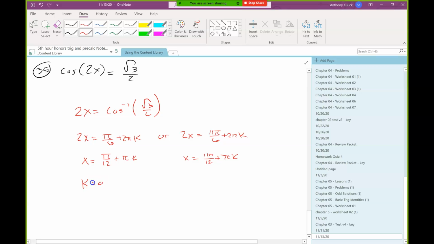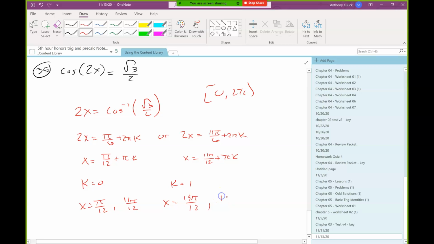So when k equals 0, I don't have to worry about any negative values for k because we're still in part A solving for the interval 0 to 2 pi. So I have pi over 12 and 11 pi over 12. When k equals 1, I'm going to get 13 pi over 12, which is still good, right? That's still in between 0 and 2 pi.